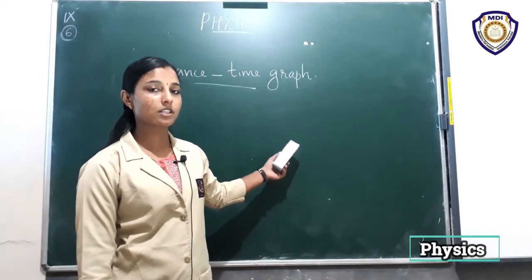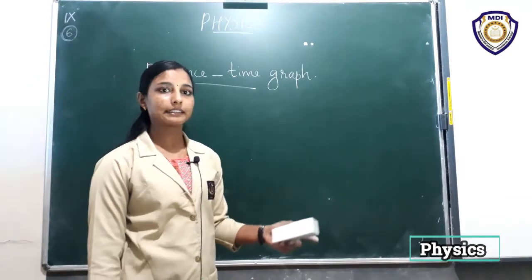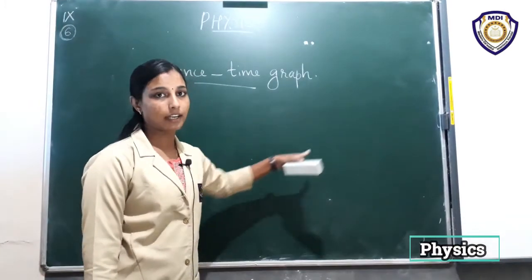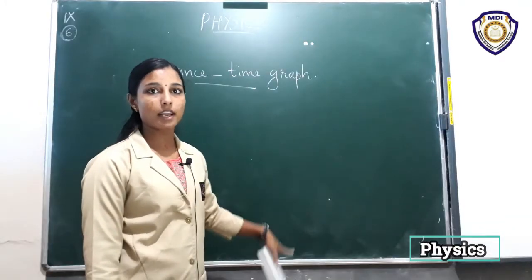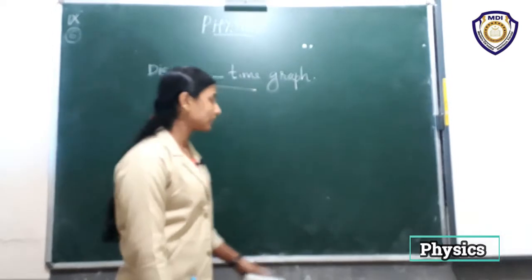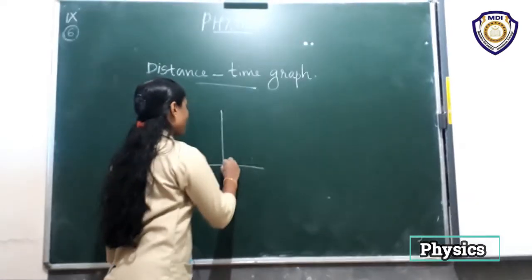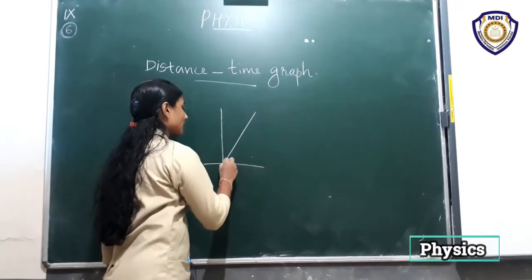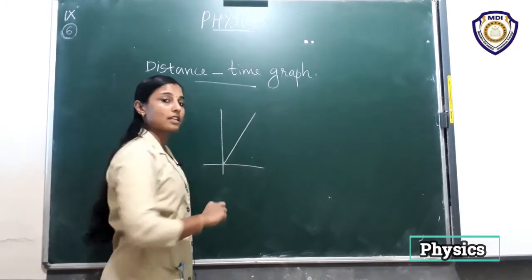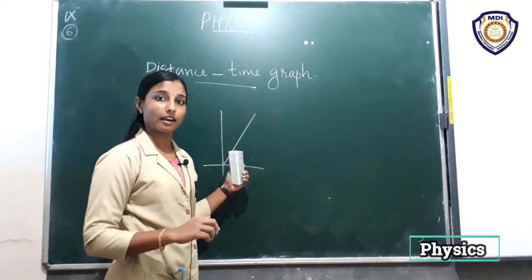If the object is in uniform motion, the graph will be a straight line originating from the origin. If the graph is a straight line from the origin, it means the object is at rest at first.